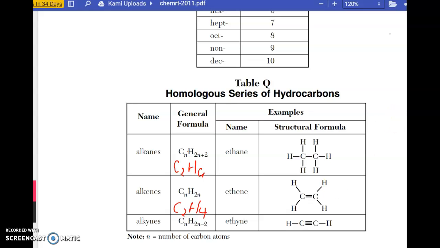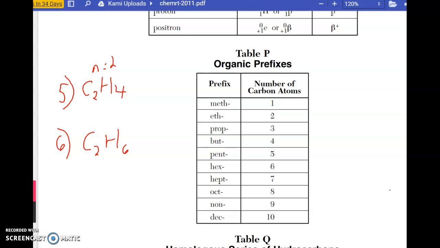So let's draw it. Even if you didn't know it was going to be an alkene and you just decided to try to draw it, you could have also figured it out that way, because if you do 2 carbons and you know that you're going to have 4 hydrogens around it, these guys need to be bonded.